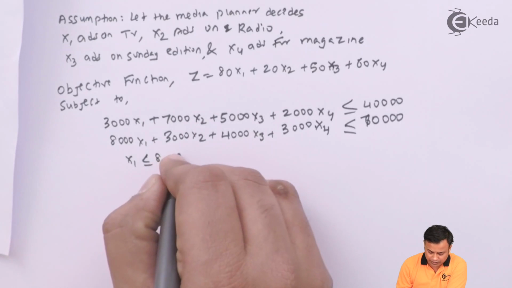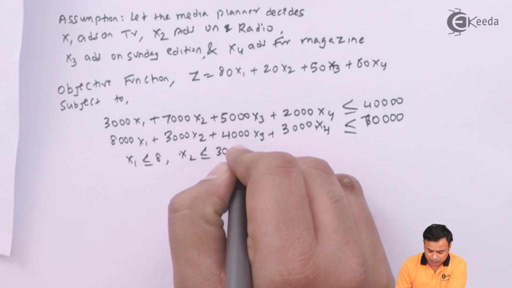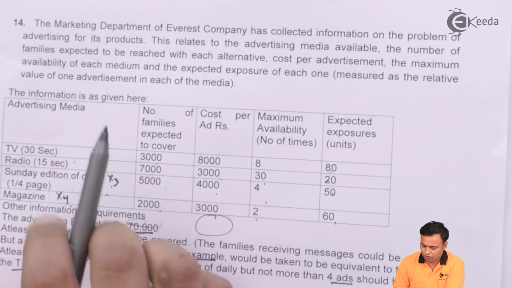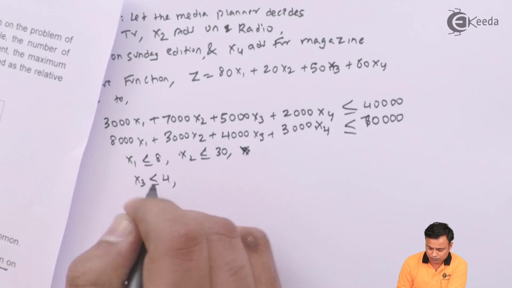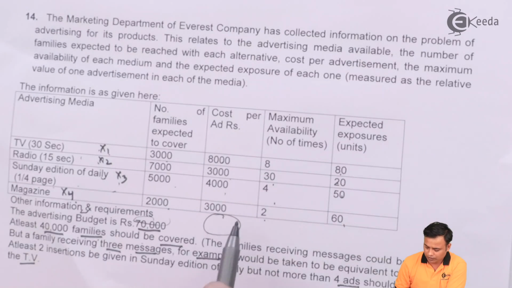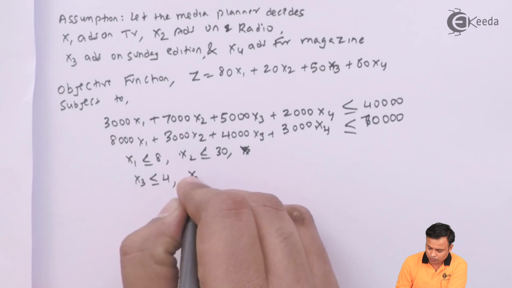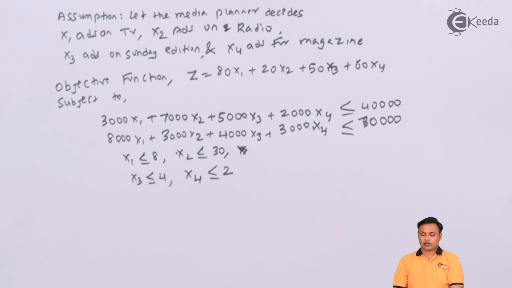So for radio, x2 less than or equal to 30, x3 less than or equal to 4, and for x4 we have a maximum of 2, so x4 less than or equal to 2.